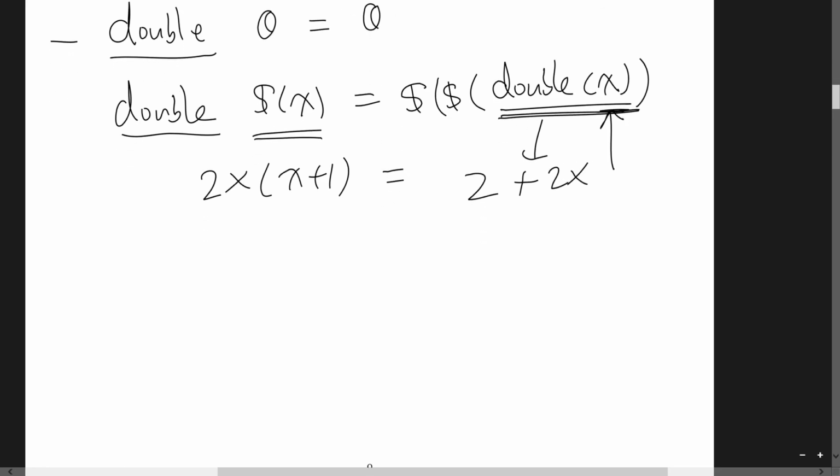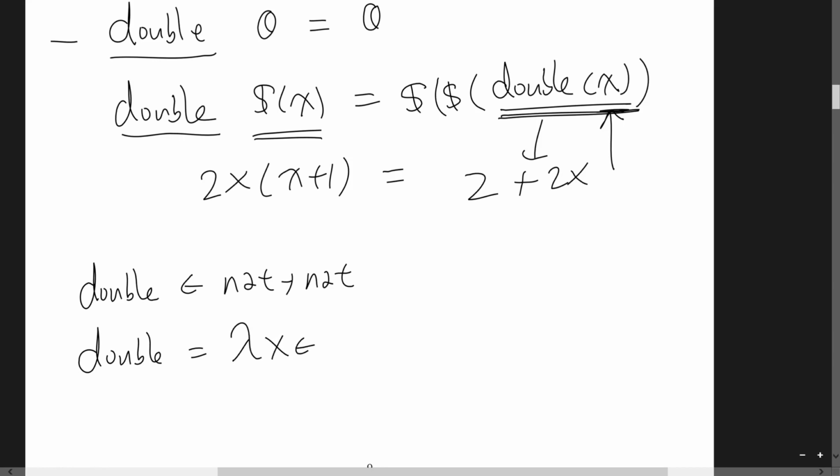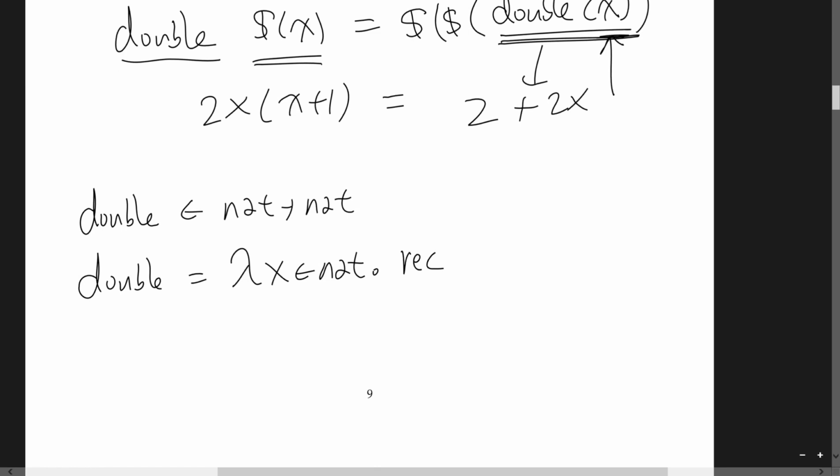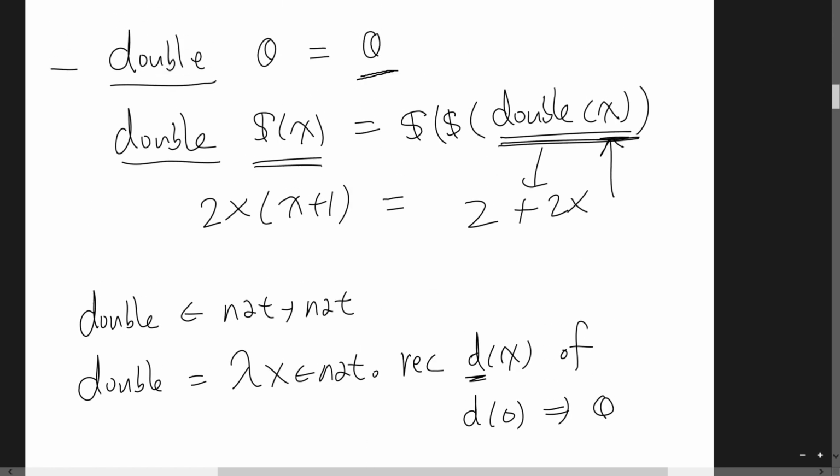And it's pretty easy to define this one. Double, it has a data type net arrow net. So the definition is, give me a natural number x, then let me make a recursive call with the function d. And if argument is 0, then you return 0.